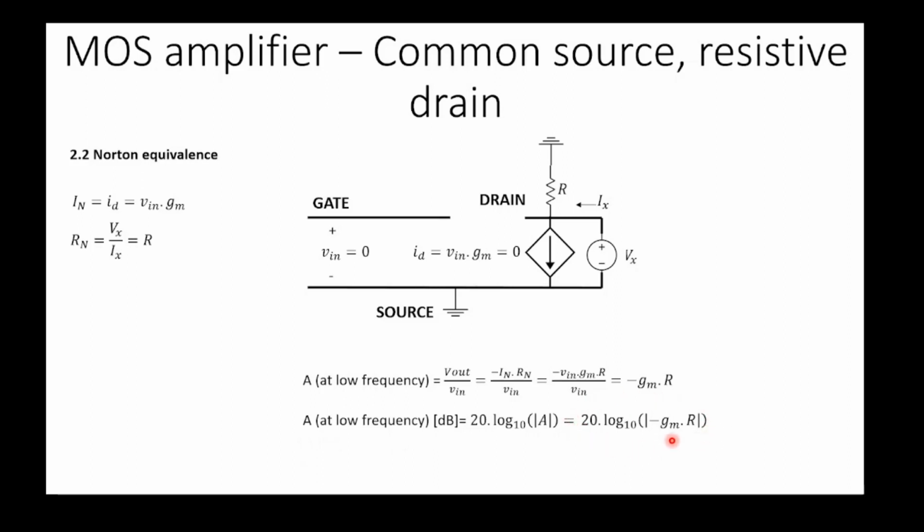For the Gm, when we have already biased our circuit at the appropriate DC bias operating point, we can extract it from the simulation. We don't really need to differentiate it. The value of the resistor R is of course already determined, so everything will be determined when we simulate our circuit. We will check this in the simulation in Cadence.